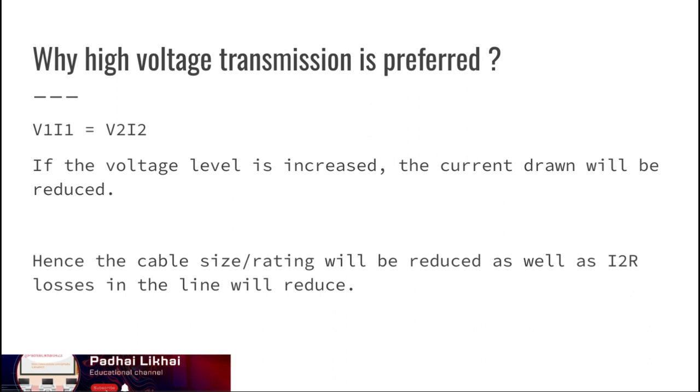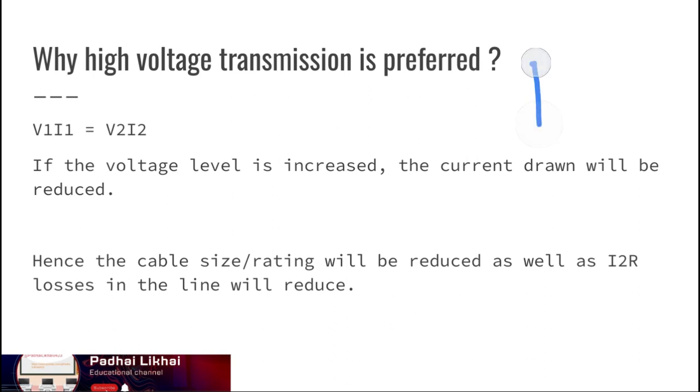As we know, after generation, the power is generated by the generator at a certain voltage level, and then it is immediately stepped up. Immediately the voltage level is increased by using a step up transformer.